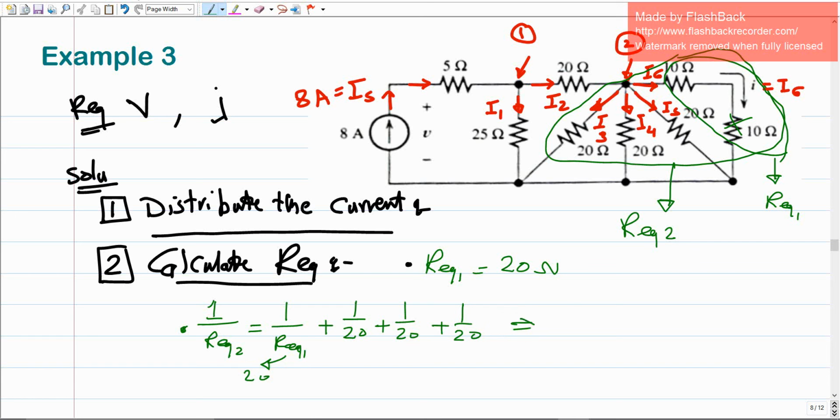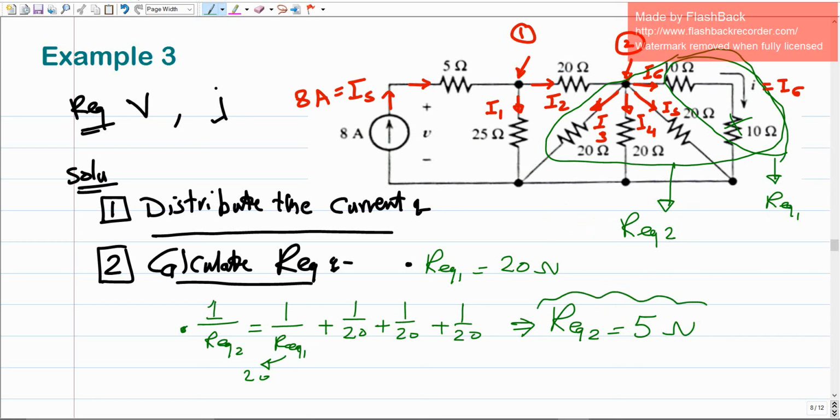If we did the calculations, we end up with only one unknown, R equivalent 2. So it's 1 over 20 times 4, right? So it's going to be 5, which gives us 5 ohms.